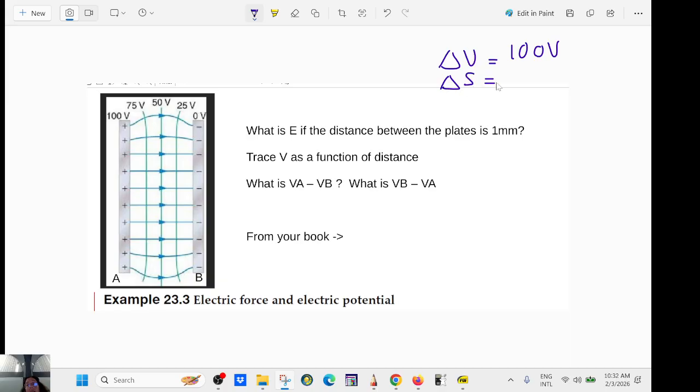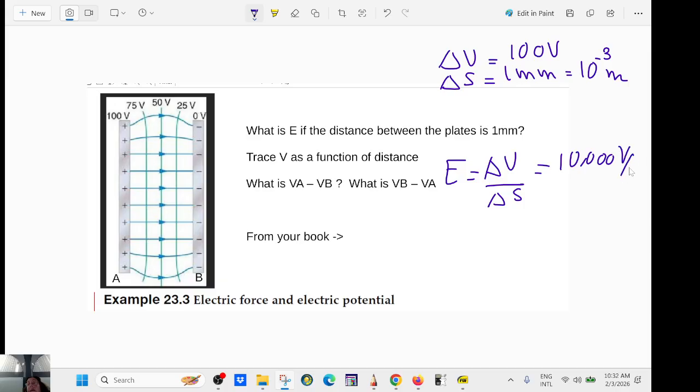Delta S is 1 millimeter. Don't stare, do it. It's a slope. So it's going to be 100,000 volt per meter.